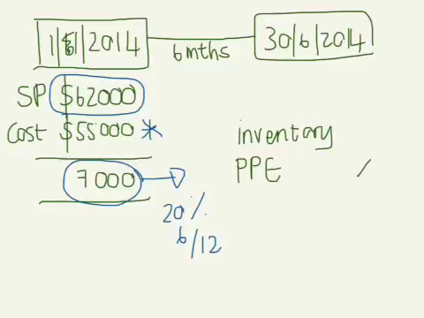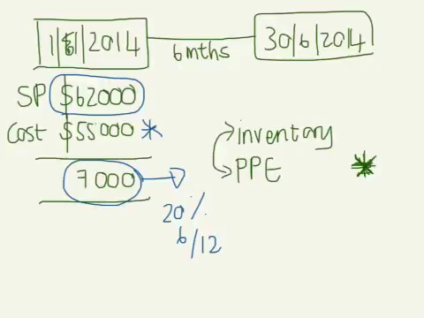So this is where the value is going to flow through from the individual company. From a group perspective, it's fine that it lies on the PPE because for the group it just has been a reclassification from inventory to PPE.